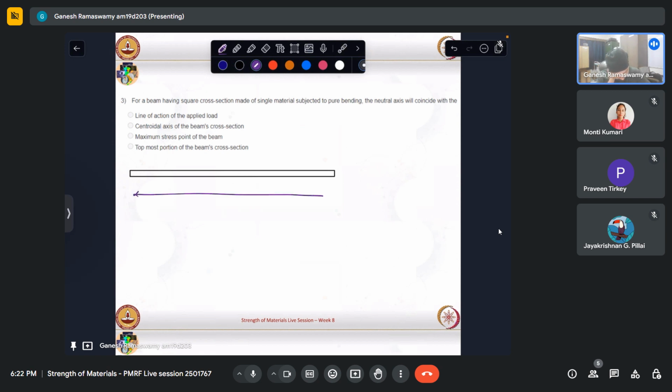A slender beam means this length, and let me take a section here. When I view this section, I'll be seeing something like this, where this is the width of the beam and this is the depth of the beam. I'm just taking the example of a rectangular beam presently.